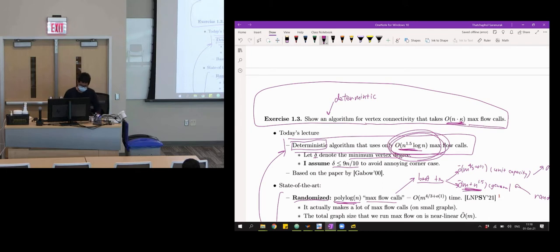Okay. I will give you some time to think. Maybe think of what if kappa is 2. How can you do it in just 2n max flow calls, or 3n or something?